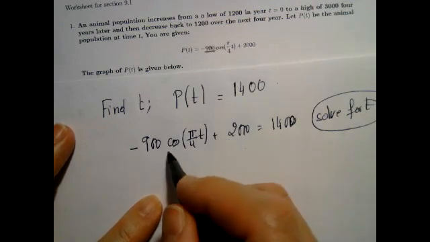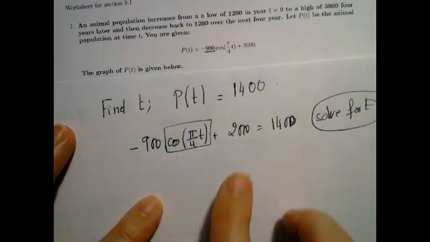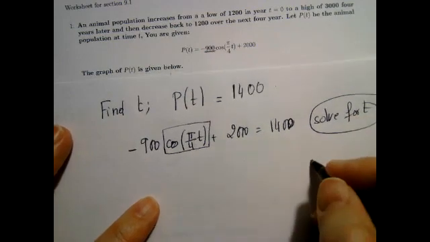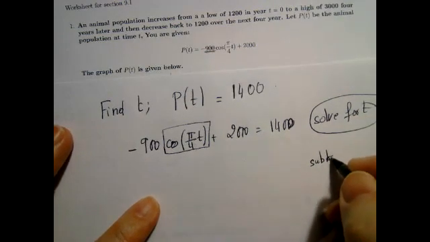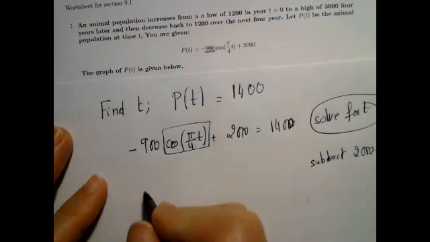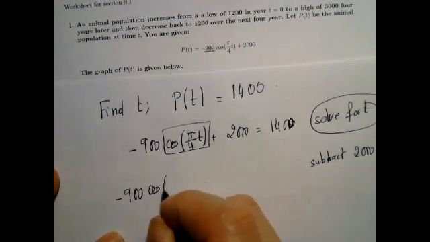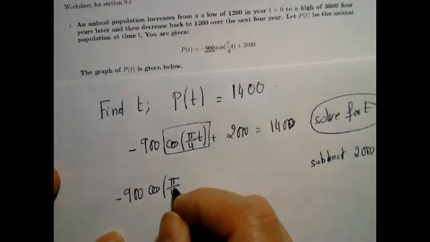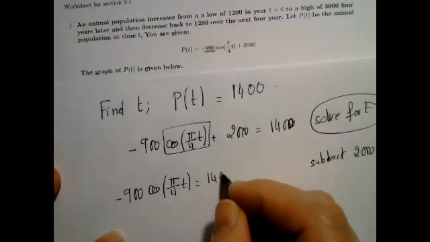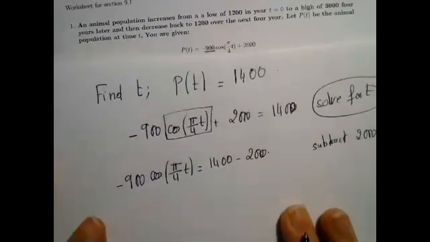So to solve for t, I need to isolate this piece right there. To isolate it, I have to take away 2,000 from both sides. So I'm going to subtract 2,000. And this would give me minus 900 cosine pi over 4t equal to 1,400 minus that much.